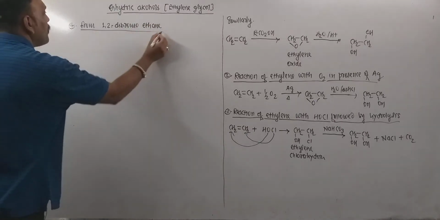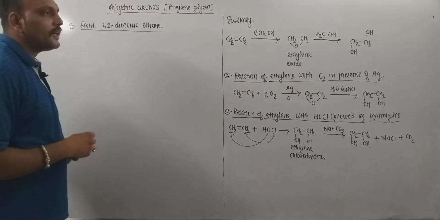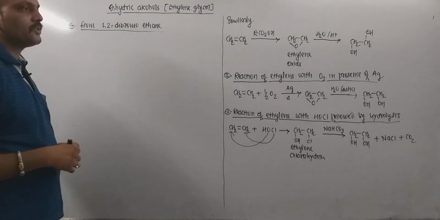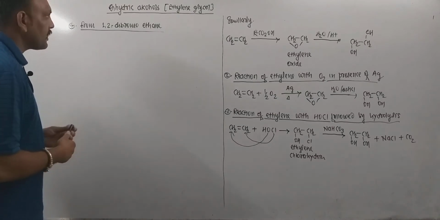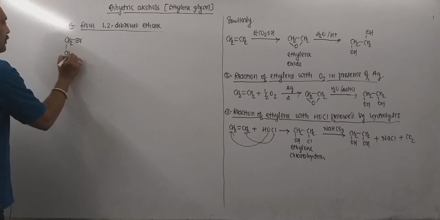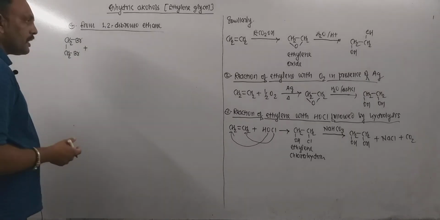Remember, 1,2-dibromoethane is a vicinal dihalide, and vicinal dihalides are those in which two halogen atoms are attached to the adjacent carbon atoms. So starting from vicinal dihalide like 1,2-dibromoethane, one can prepare ethylene glycol using sodium carbonate.